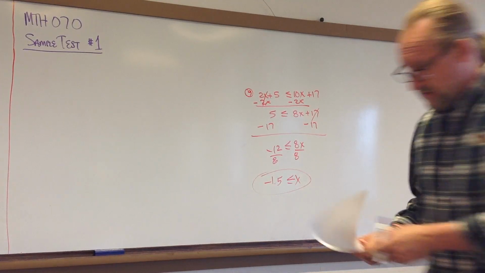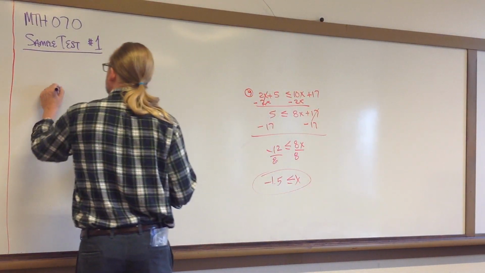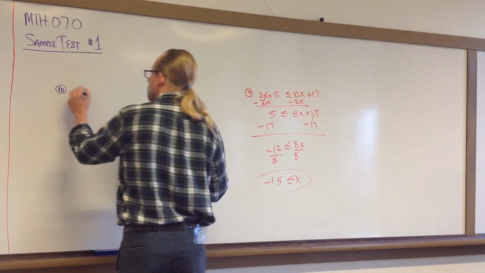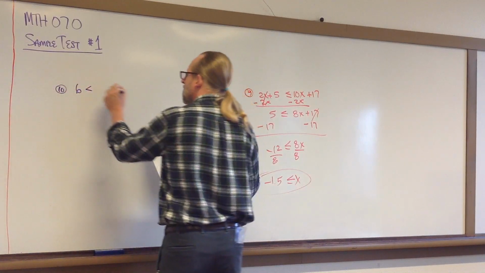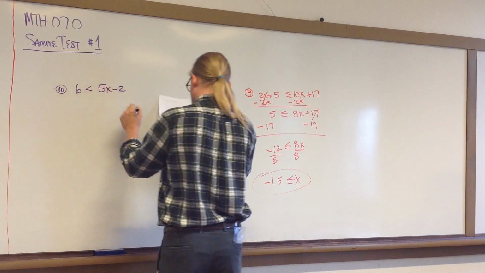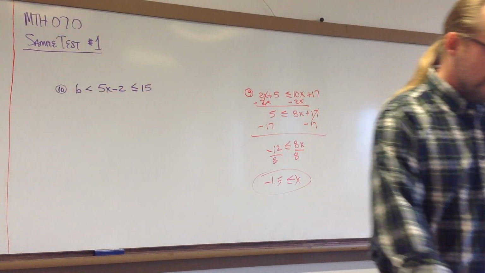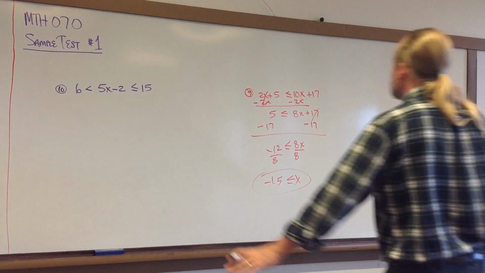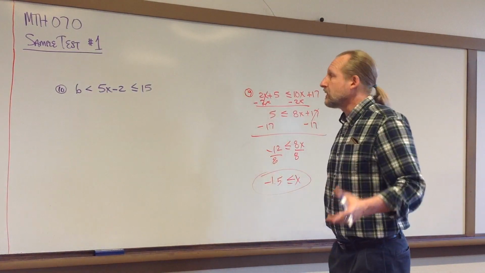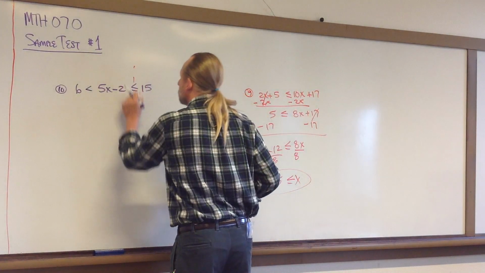Problem 10. This is a compound inequality. And so rather than just doing things in 2 different places in the equation, now there's 3 different places.